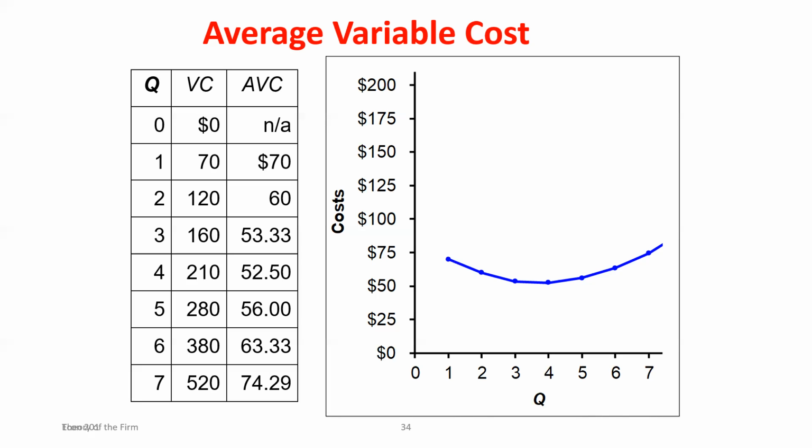At a certain point, the marginal cost will be exactly equal to my average variable cost. Because if this average is declining, but then all of a sudden my marginal costs start to increase past the point of specialization, eventually they're going to increase to where they're above that average. The marginal cost of adding that additional unit, the additional cost that I'm adding, is above my old average variable cost.